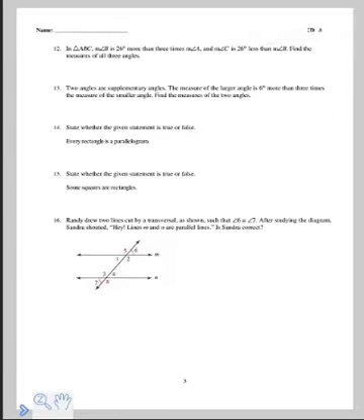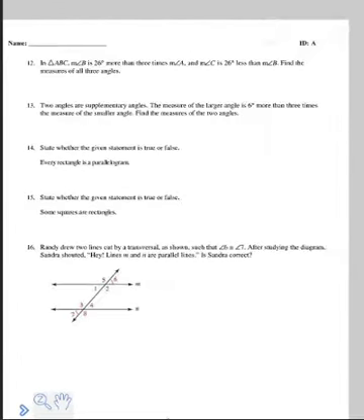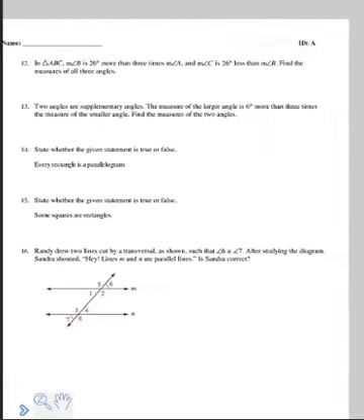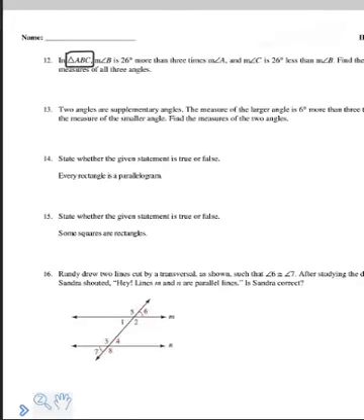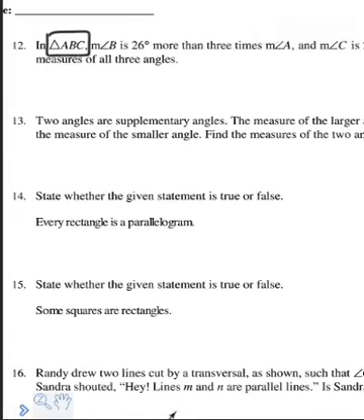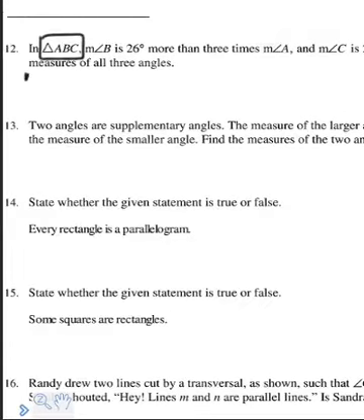Okay, question 12. First thing to note is that we're talking about a triangle, and in a triangle the sum of the measures of the three angles is 180. So that would be the first thing to realize: measure of angle A plus measure of angle B plus measure of angle C is equal to 180 degrees.